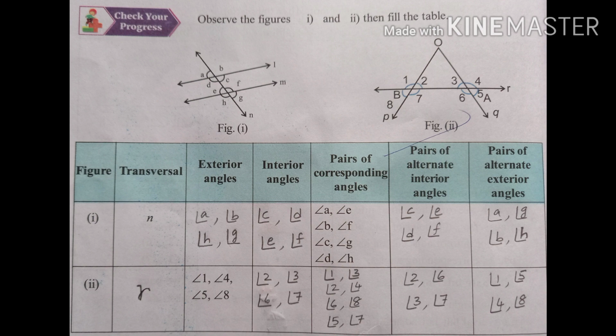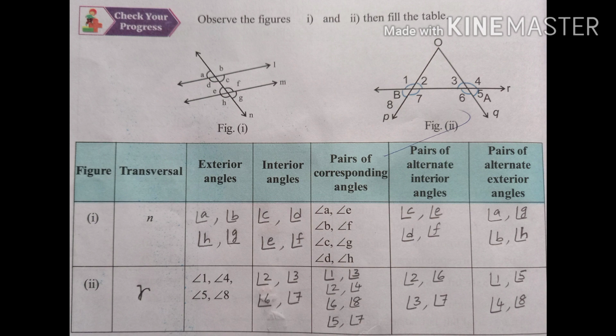Angle C and angle E, angle D and angle F. Pair of alternate exterior angles. Exterior means outside the lines L and M and either side of the transversal. Angle A, angle G, angle B and angle H.